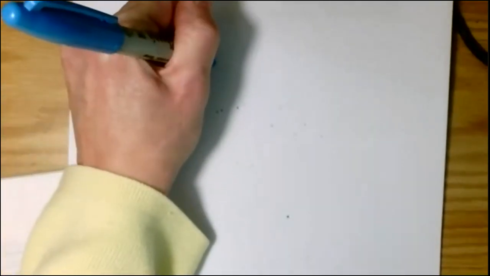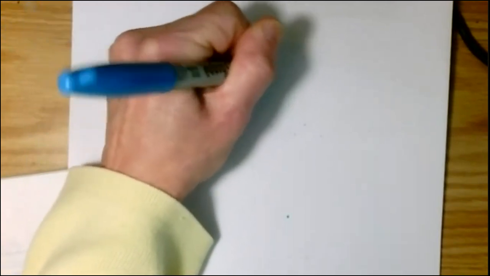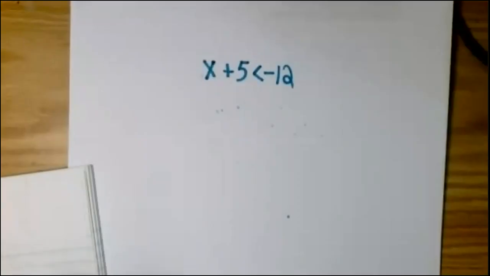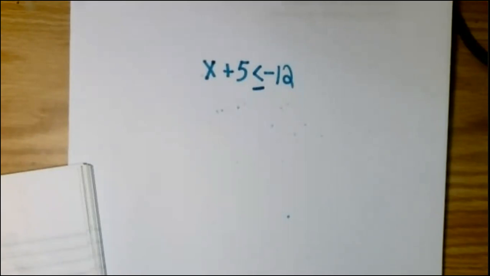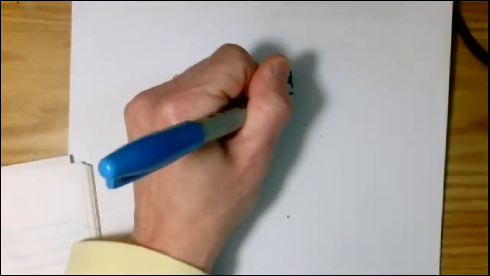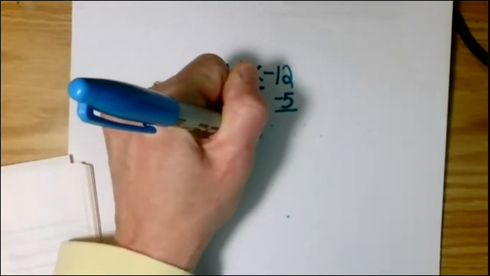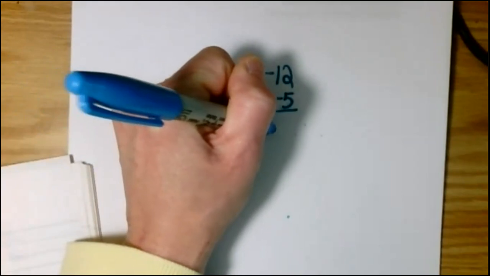Okay, what would happen if instead of x plus 5 is less than negative 12, I had this little line underneath? What would that do to my solution? Well, let's see. We would still subtract 5 from both sides. We would still get x plus 0 is less than negative 17.